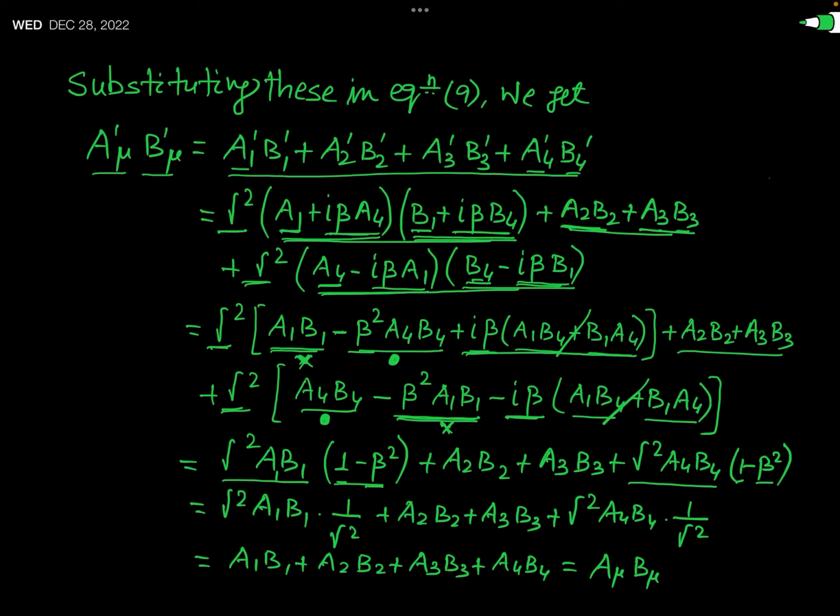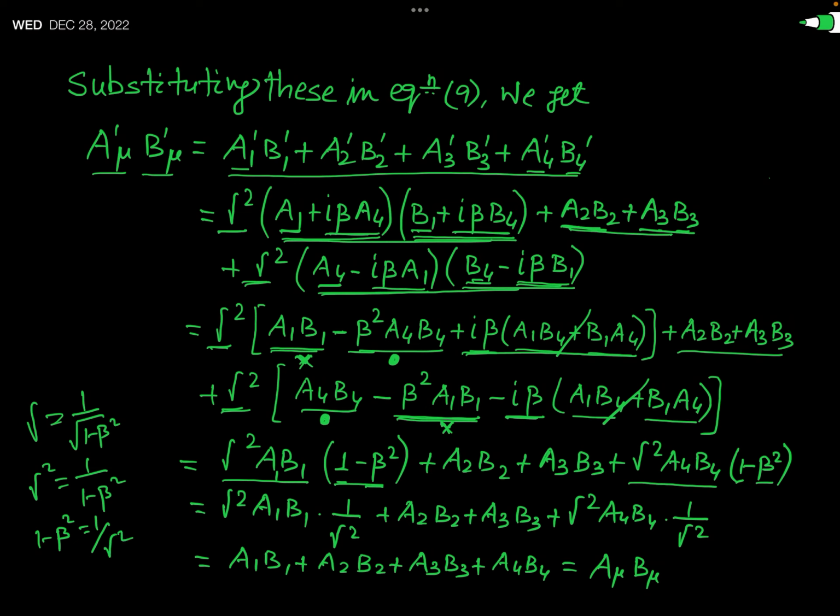Okay. Now you know that gamma is equal to 1 over root of 1 minus beta square. So gamma square is equal to 1 over 1 minus beta square. So 1 minus beta square will be equal to 1 over gamma square.